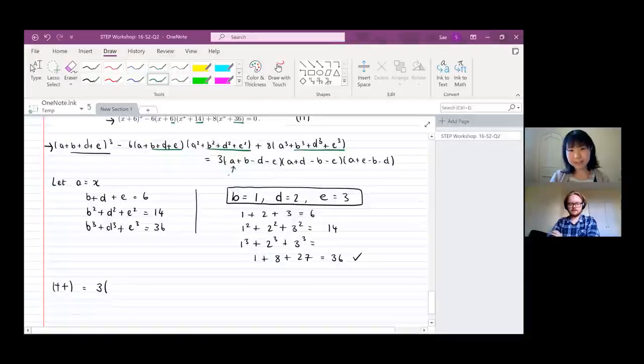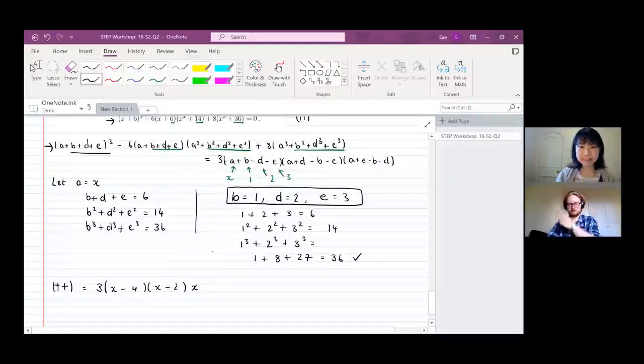So we want to plug in an x here, 1 here, 2 here, and a 3 here. Yep, we have x minus 4. We have a suggestion of x minus 4, x minus 2 times x. Let's see where that comes from.